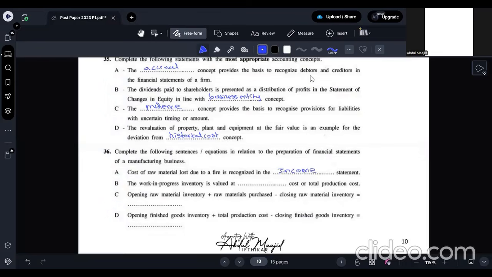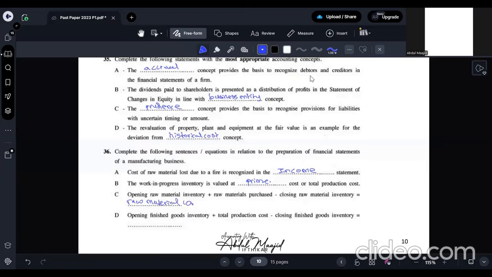The work in progress inventory is valued at either prime cost or total production cost. So at prime cost, we did a question previously in the MCQ where the work in progress is recorded at prime cost. So work in progress can be calculated under prime cost or under total production cost. Then opening raw material inventory plus raw material purchase minus closing raw material will give you your raw material consumed amount.